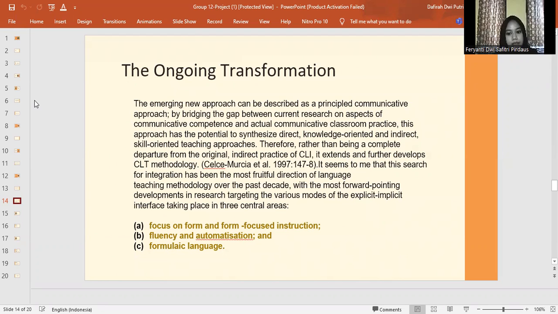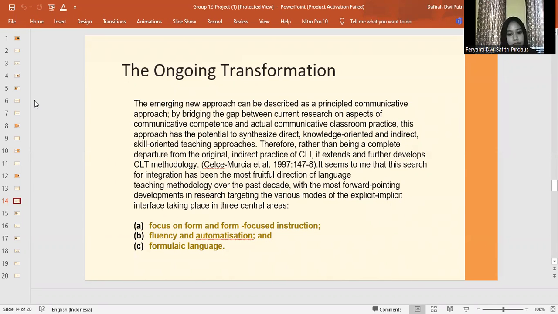Therefore, rather than being a complete departure from the original indirect practice of CLT, it extends and further develops CLT methodology. Celce-Murcia et al. 1997, p. 147.